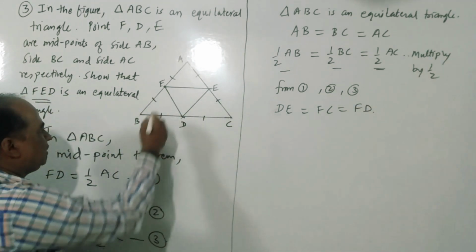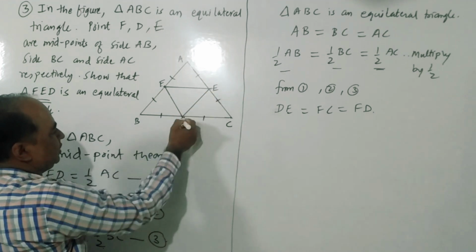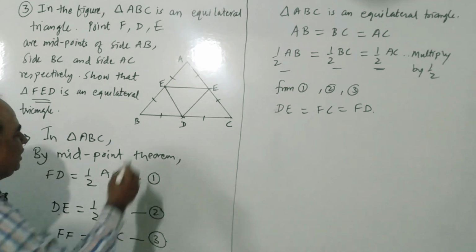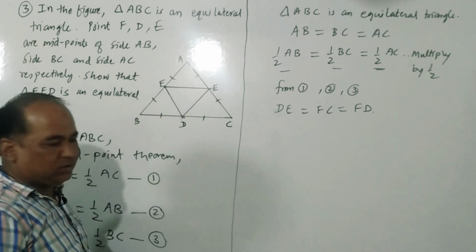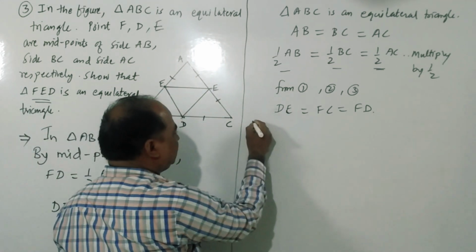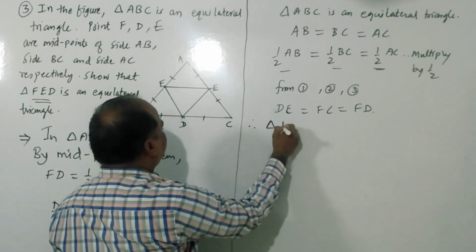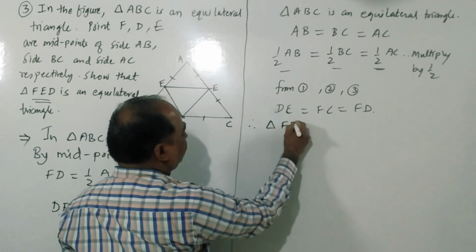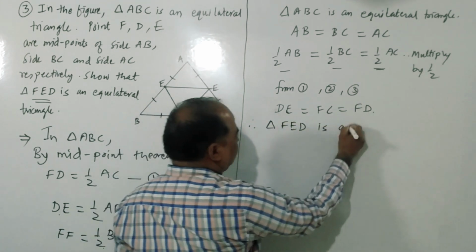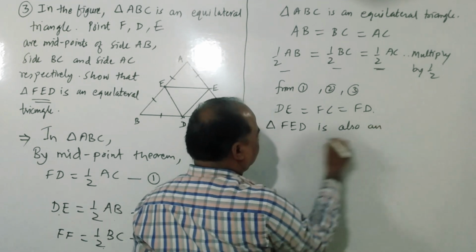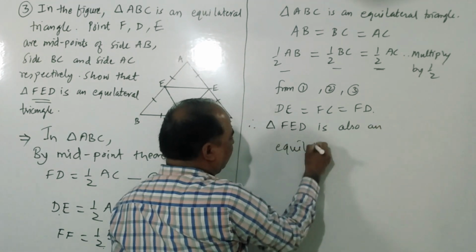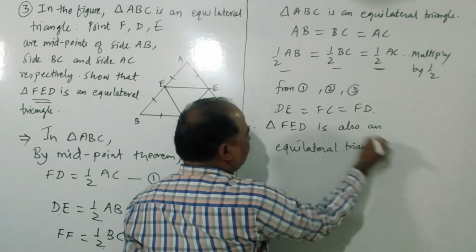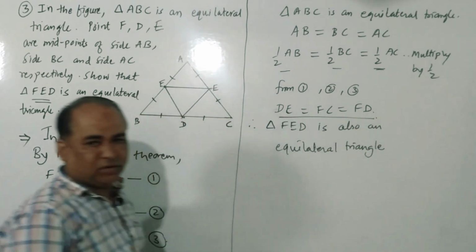So now FD, DE and FE are equal, all three sides of this triangle. Therefore triangle FED is also an equilateral triangle, since all sides of triangle FED are equal.